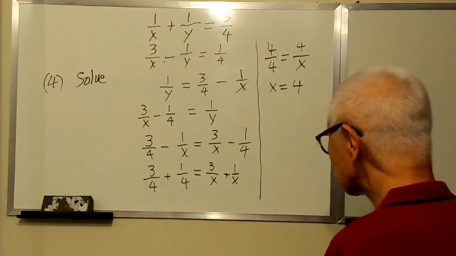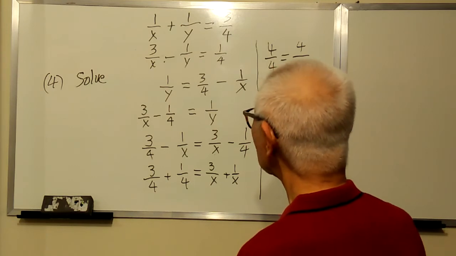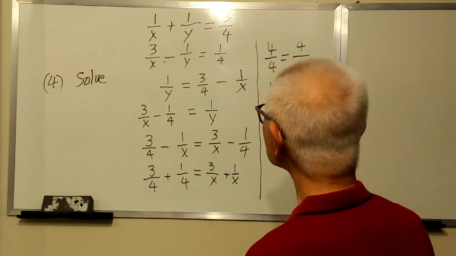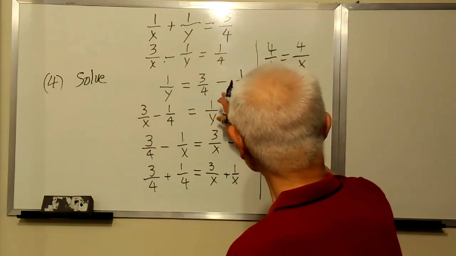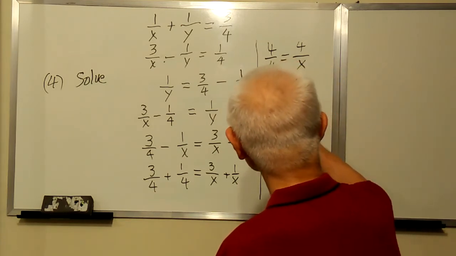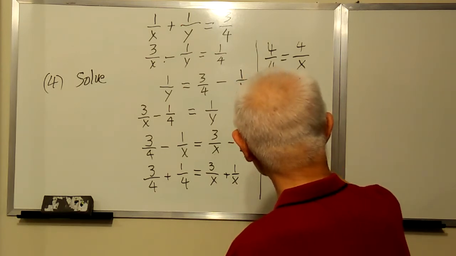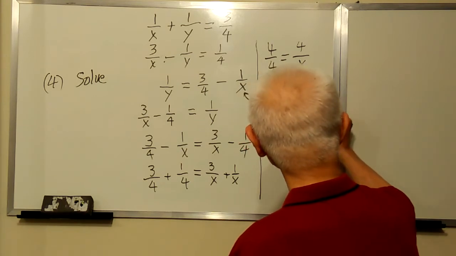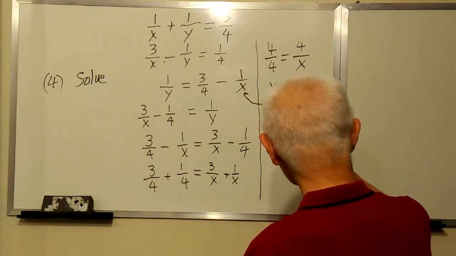Once you have the x, then you can find y. Which equation will give you y quickly? This equation. Put in x is equal to 4 into here. So 1 over y is equal to 3 over 4 minus 1 over 4. So therefore, it is 2 over 4. 1 over y is equal to 2 over 4.